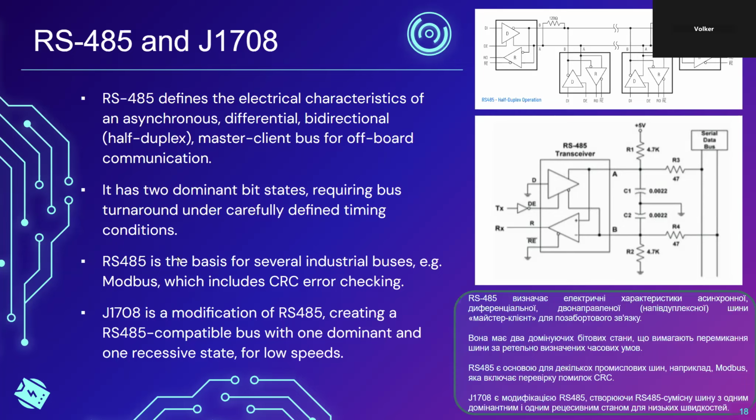RS-485 can deal with bad cabling. RS-485 can deal with long distances, if necessary, kilometers. RS-485 can do things that other buses don't normally do, but at the same time, it's also not as fast.